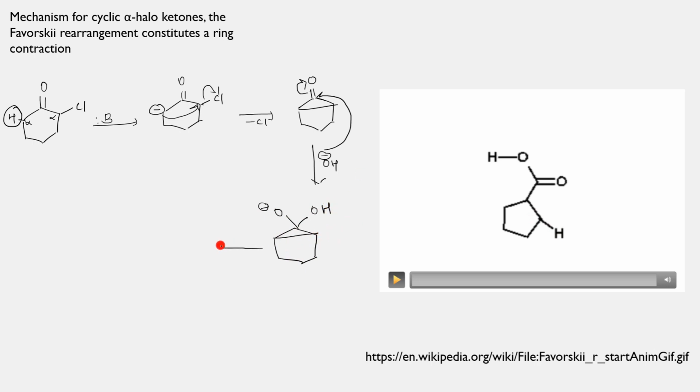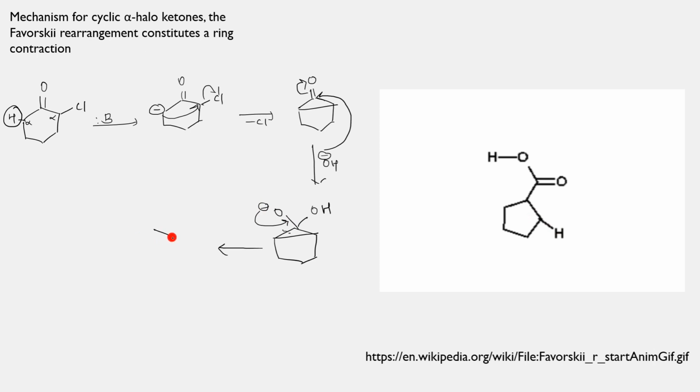Now the electrons from the oxygen will go back to form a bond. This is symmetric, so any bond will break. You can break anything from here because it's going to give you the same carbanion. So let's break this. Okay, now electrons are going to attack back. So this is what is left.